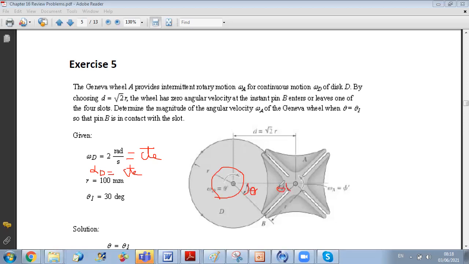Another important parameter is the distance. B is moving along the slot as we said. So at a certain instant, we will have this point within the slot. We will try to find the coordinate S B as a function of the other parameters.